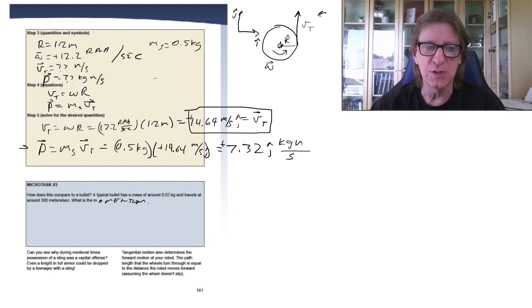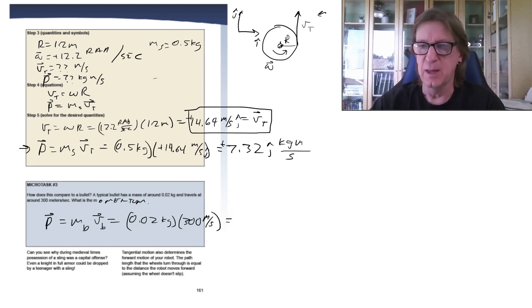Well, we've got this equation right here. It's actually very easy. So I say my momentum is the mass of my bullet this time times the velocity of my bullet. And that is equal to 0.02 kilograms times 300 meters per second. We'll put it in our calculator anyway, even though you could do that in your head.